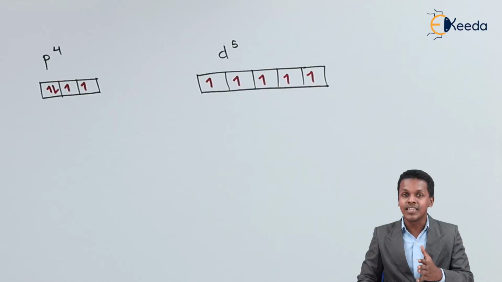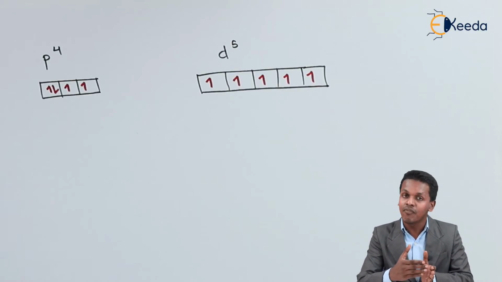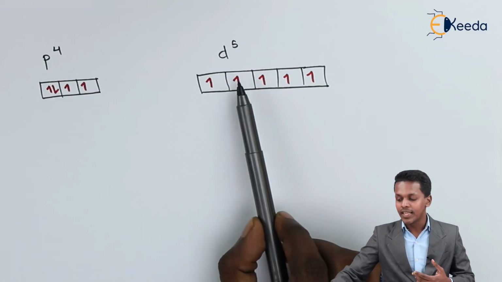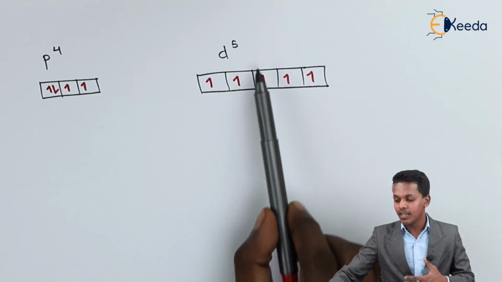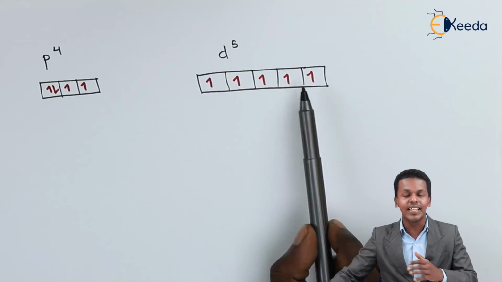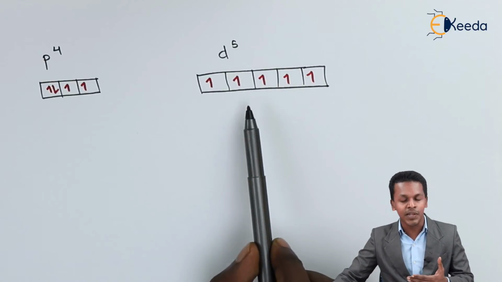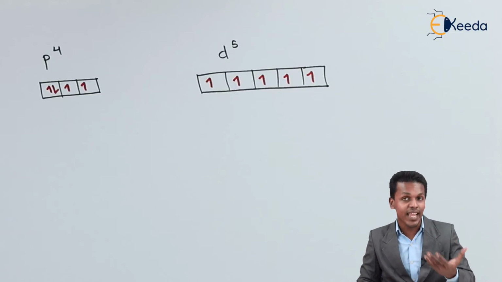To acquire much more stability, the electrons are filled in such a manner. Let me talk about d5. As we can see, it is a very symmetrical configuration, and all the electrons are symmetrically distributed. That's the reason it is much more stable compared to d9 and d8.